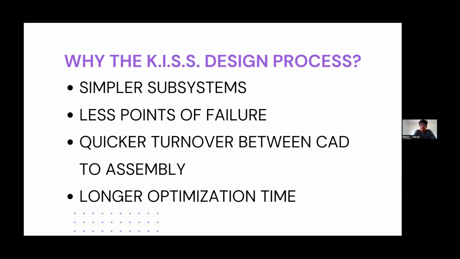And the fewer points of failure you have, the easier it is to fix in case something goes wrong in a match. So the KISS design process is kind of like a backup plan for things that go wrong in a match, because you don't want an overly complicated robot.